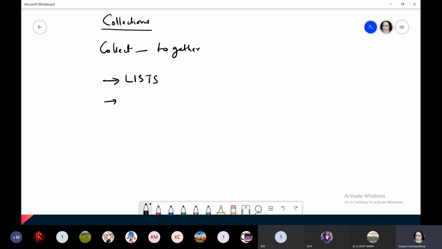We have lists, we have tuples, and we have dictionary, which is also known as mapping. Please note these three down in your copy. Lists, tuples, and dictionary. These are three types of collection-based literals which you can create in Python.